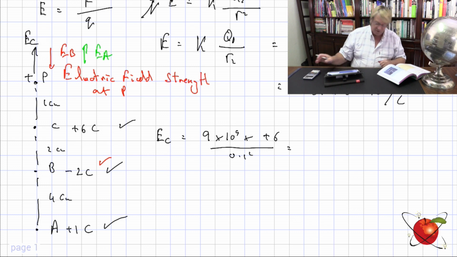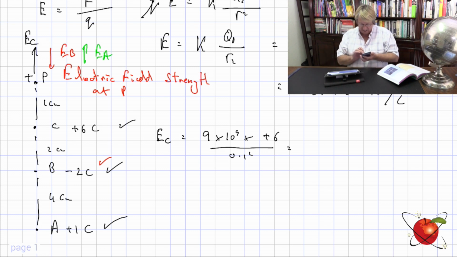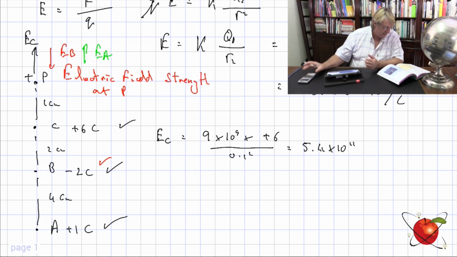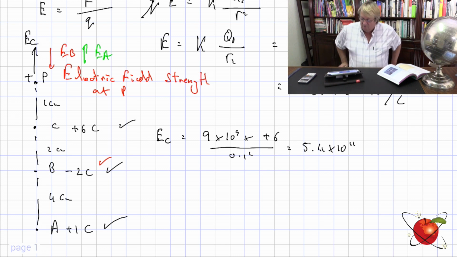E at C because of C is going to be 9 times 10 to the 9 times 6 divided by 0.1 squared, which equals 5.4 times 10 to the 11. So that's that guy, 6 coulombs.